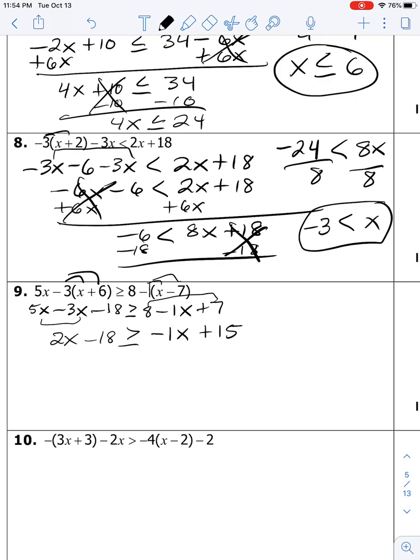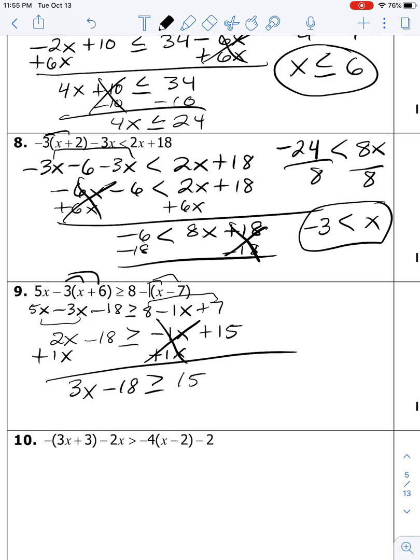Now that we've got 2 and 2, you can either subtract the 2x or you can add the 1x. I'm going to add the 1x. That's what I would do. That's now gone. You get 3x minus 18 is greater than or equal to 15.